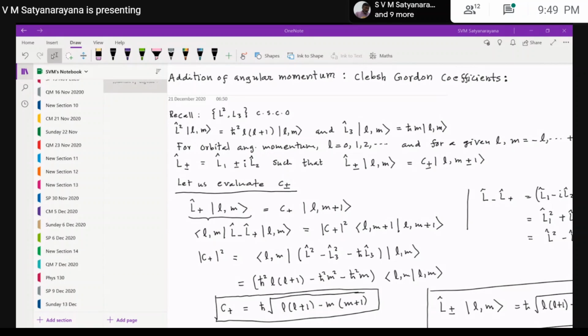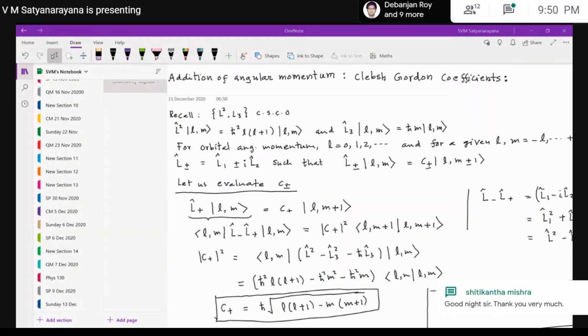It is a very general theorem, and sometime when you get time, or if you want to learn a little more, try to read something on the Wigner-Eckart theorem. Sir, can you spell it? Wigner, Eckart. Wigner-Eckart theorem.